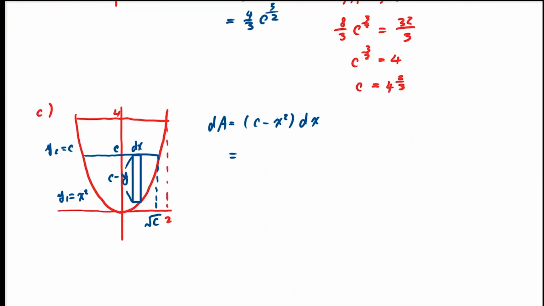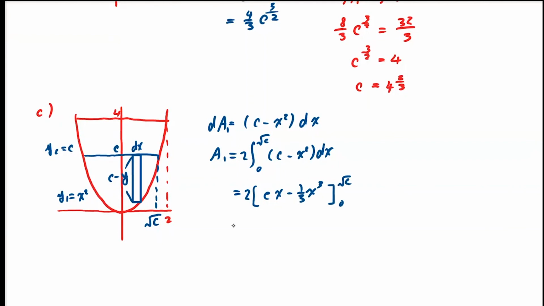Now, what we have to do is use the symmetry, so A is 0 to square root c, from here to here, and then double it. That'll give us this area, A1. You know what I'm saying? And integrating, so we have cx minus 1/3 x cubed, from 0 to square root c.